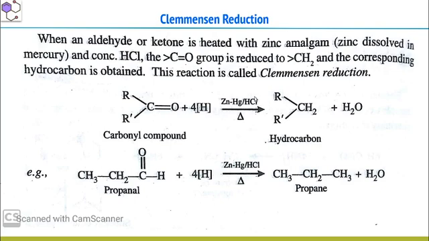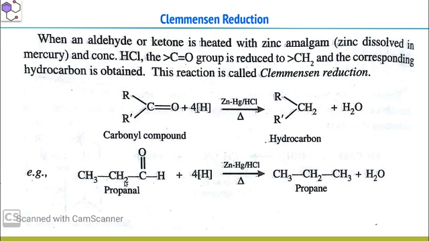So here we can convert an aldehyde or a ketone to the corresponding hydrocarbon. This reaction is usually done in acidic medium. The reagent for Clemmensen reduction is zinc amalgam and HCl.